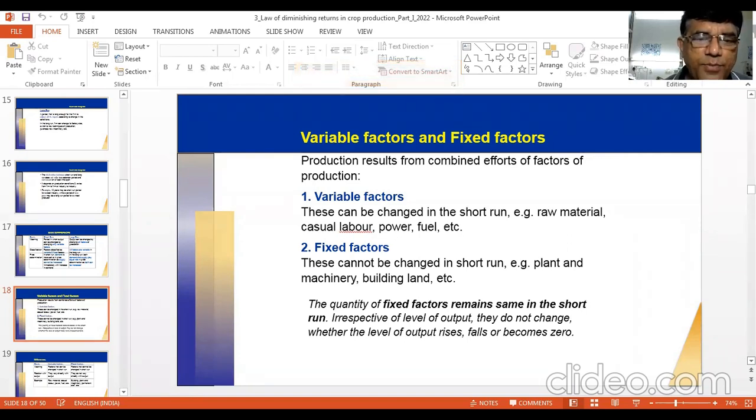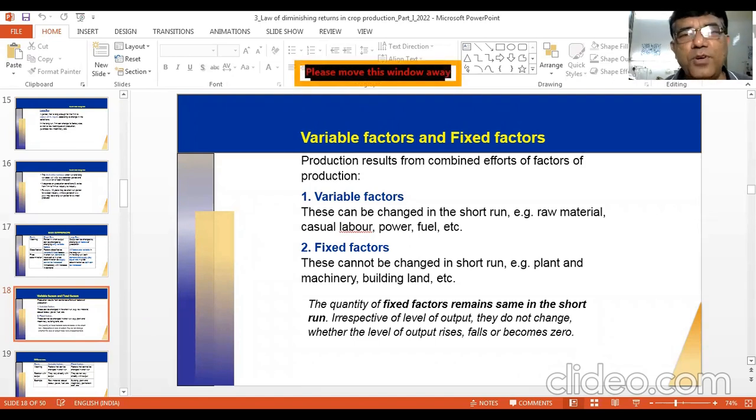You underline this point. The quantity of fixed factors remains the same in the short run, irrespective of the level of output. Suppose you have 1 hectare of land, whether you produce 5 tons per hectare or 3 tons per hectare, the rental value of the land will remain the same.